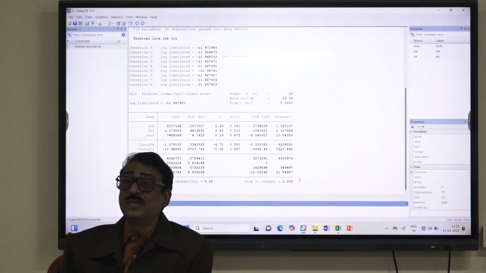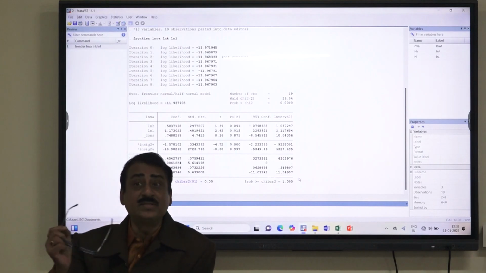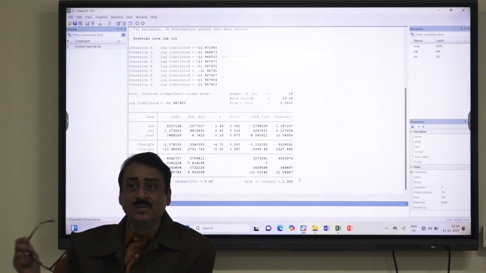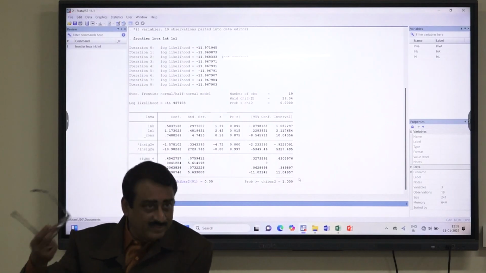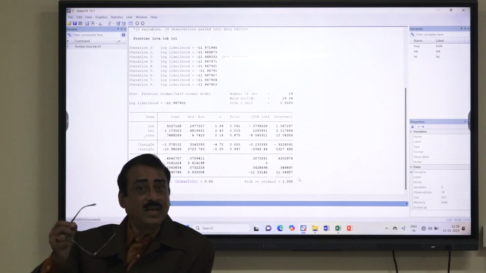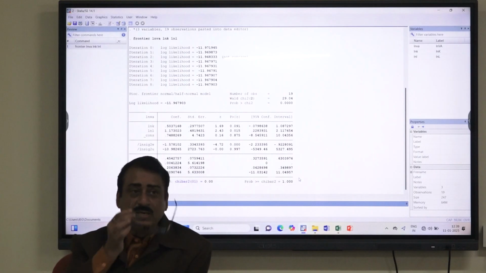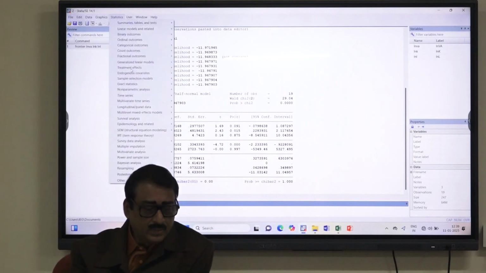Now I am interested in the technical efficiency index. So that means I am interested in the U values. One is V, another is U. U represents my efficiency or inefficiency. One minus efficiency is inefficiency. So I am interested in U values. So here what I will do, I will go to the post estimation menu. Okay.